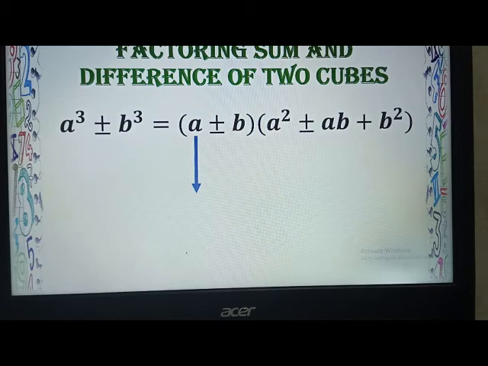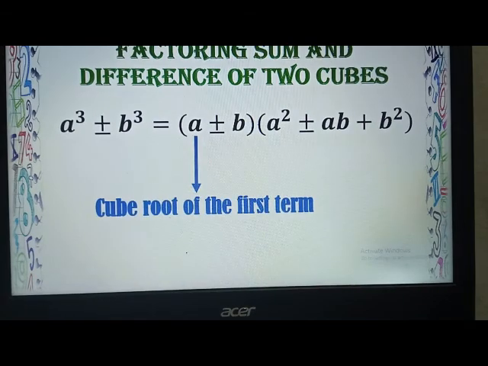To get the binomial factor, the first term of the binomial factor is taken by getting the cube root of the first term of the given binomial. So we have here a cube. So a is taken by getting the cube root of a cube.